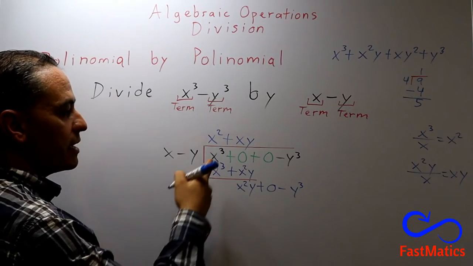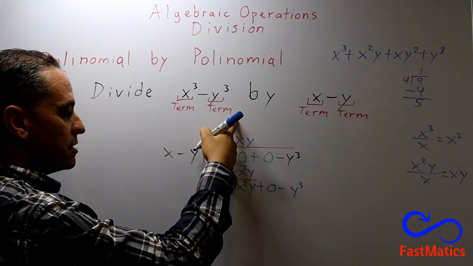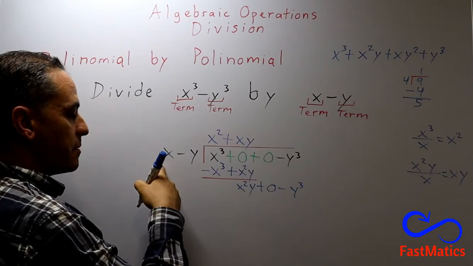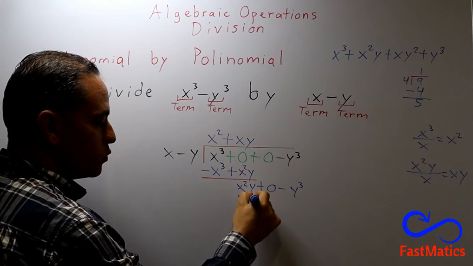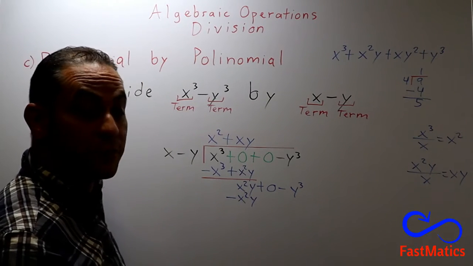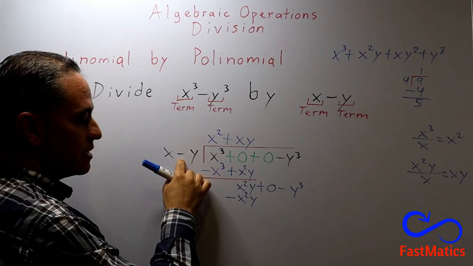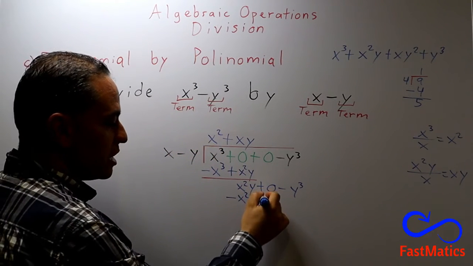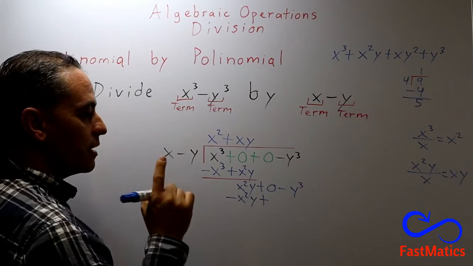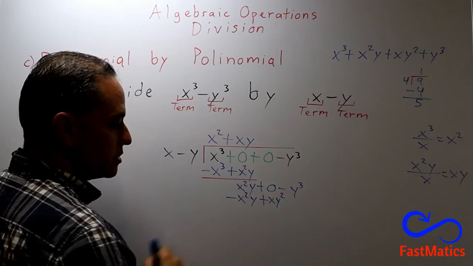After that I multiply. xy times x, positive times positive, positive. xy times x, x squared y, but I change the sign because I'm going to subtract. After that, positive times negative, negative. But I will change the sign because I am going to subtract. xy times y, xy squared.